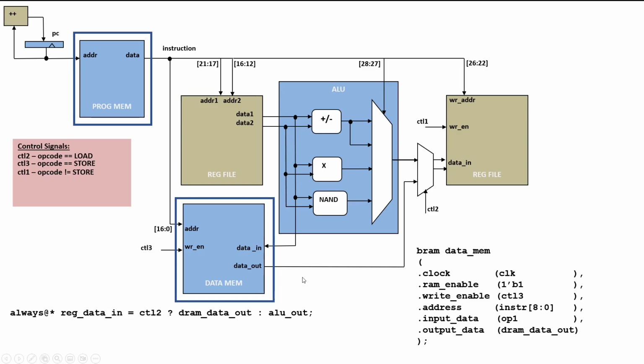And input data is connected to this operand 1, and output data is connected to the DRAM out signal that is also used in this mux. And similarly for program memory, we can have a similar instance, but in this case the address is coming from program count, and we are never using the write enable or input data. So this specific template can be initialized with some initial data as well that I'll show shortly.